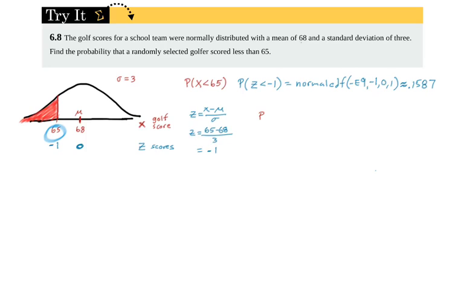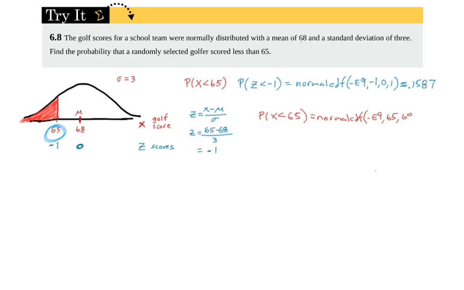Now that we're using technology, we really don't even need the z-scores. We could really just talk about it in terms of the golf scores. So the probability X is less than 65 would actually be a normal CDF of -E9, because we're still going towards kind of negative infinity or a very small value. And then 65 here, right, that ends up being our upper value this time.